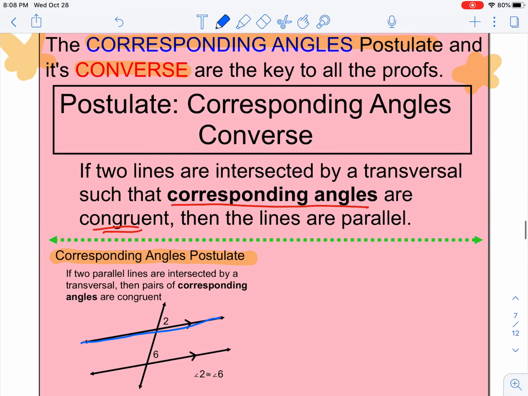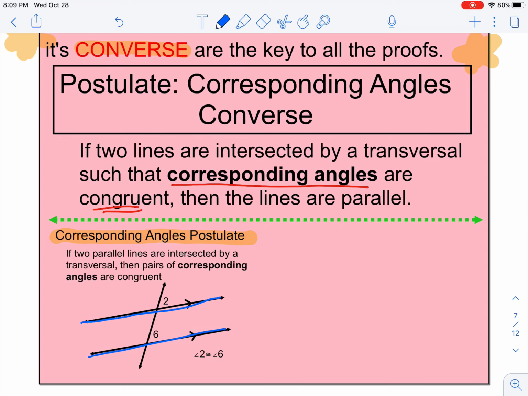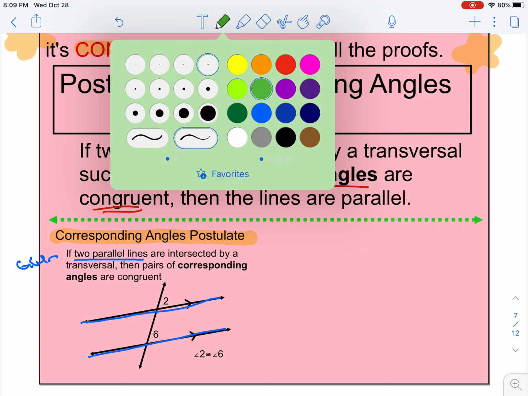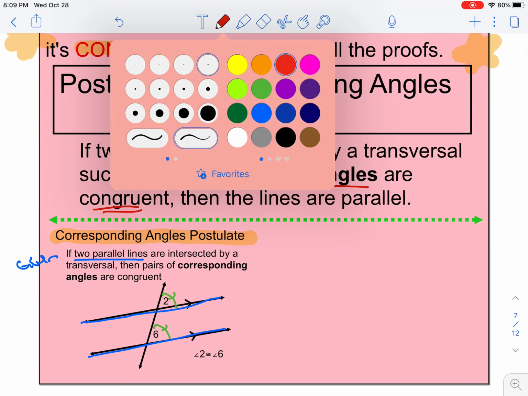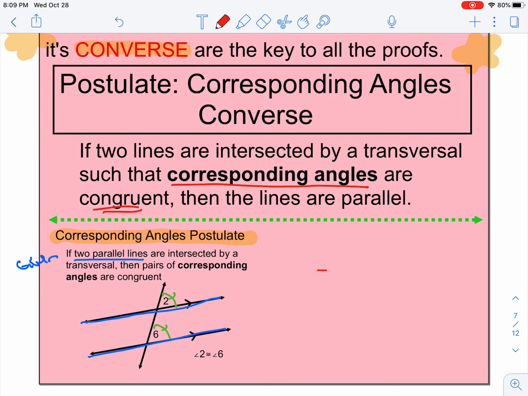In the first one, we are given these parallel lines. So parallel lines are given. And what results is that the corresponding angles are congruent. What's different here is we are not necessarily given parallel lines. We're given two lines. They're not marked parallel, but they're intersected by this transversal right here.